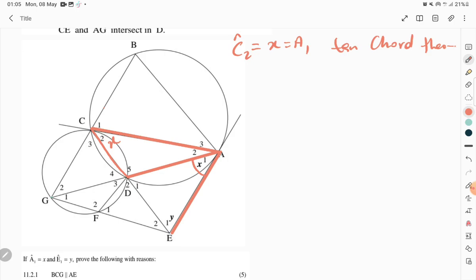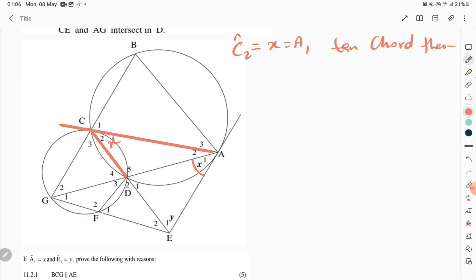Now, after having all this information about this side, you can also view that this CA is a tangent of the smaller circle, and there is also this chord over there.